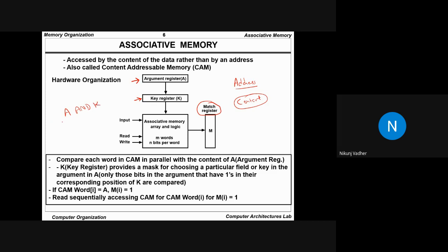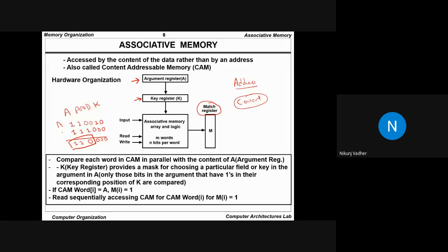For example, let's say the argument register is 110010 and the key register is 111000. What is the meaning of this? It means we want all the patterns where the first three bits are 110.